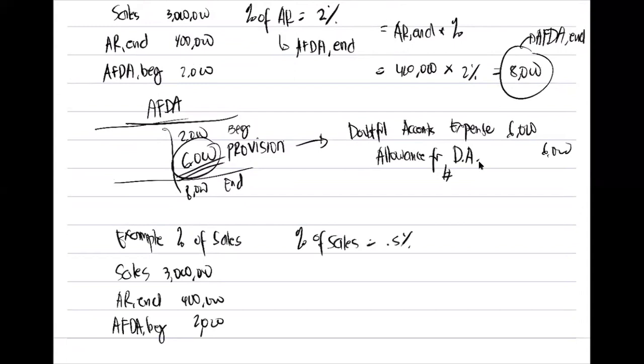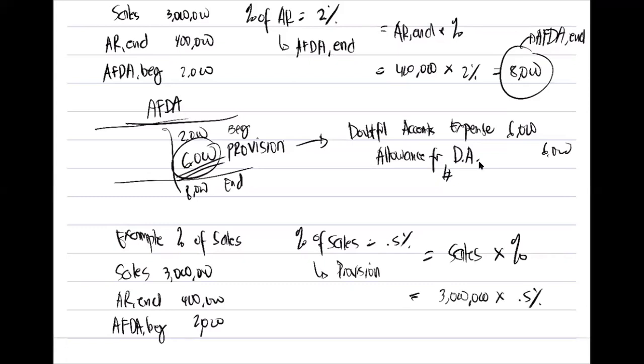Sabi natin, guys, kung ano man yung makukuha nating percentage of sales, this is the provision. So paano ba natin kukunin to? This is equal to your sales multiplied by the percentage. So our sales is 3 million multiplied by 0.5%. So we have here 15,000.